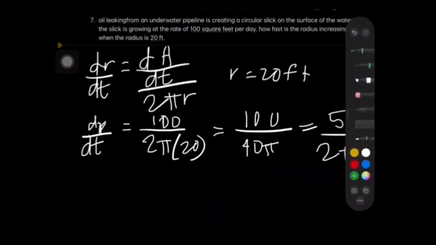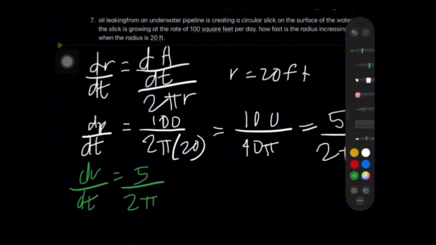So the rate of change in radius, dr over dt, is 5 over 2 pi feet per day.